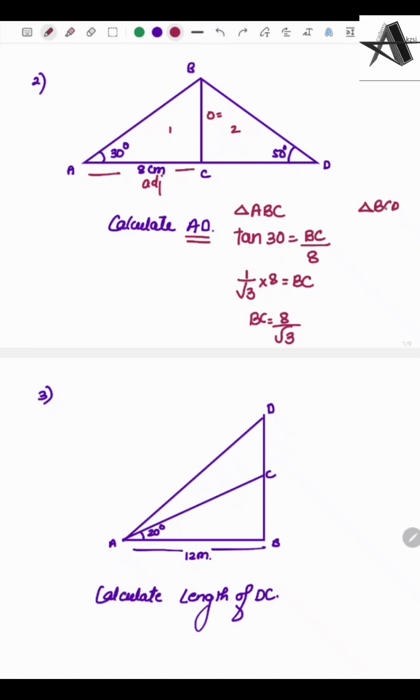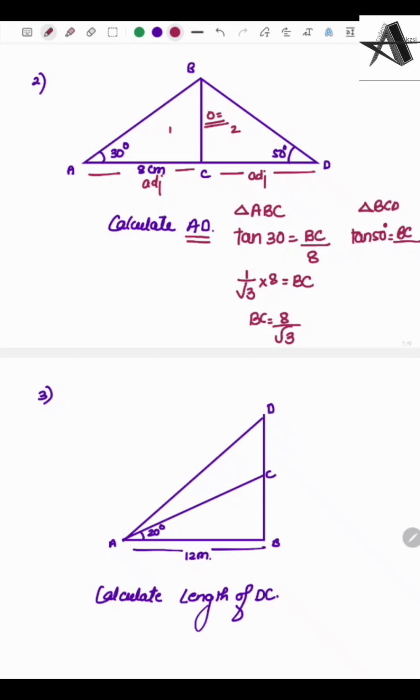So in triangle BCD, same thing, again labeling opposite and adjacent. The side which is connected with 50 degrees is adjacent. The side opposite to 50 degrees is opposite. That means BC is opposite to it. So in triangle BCD, applying tan 50 degrees. Opposite is BC because this side is opposite to the angle.